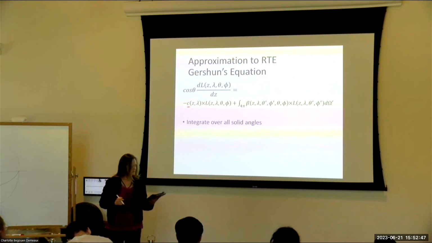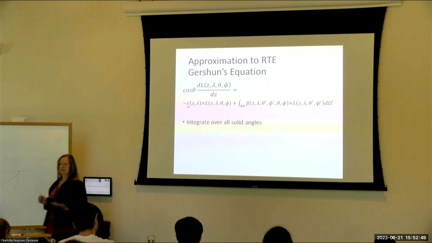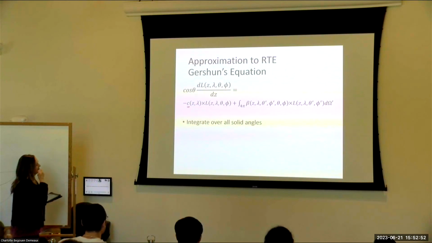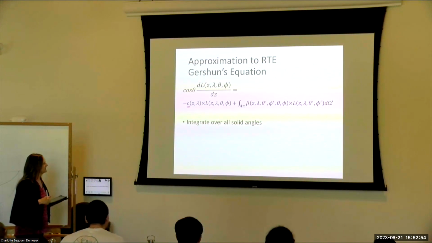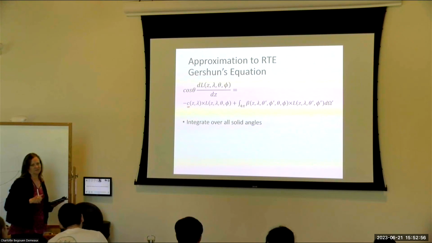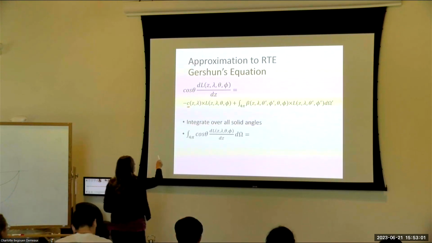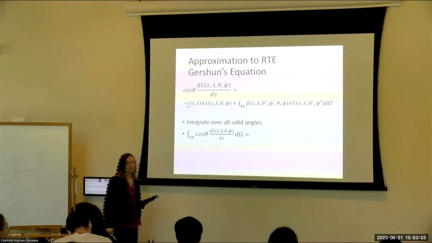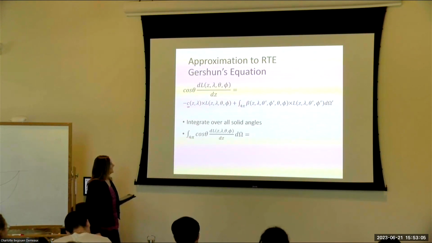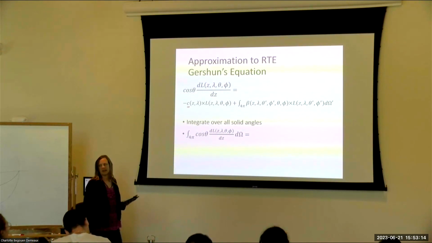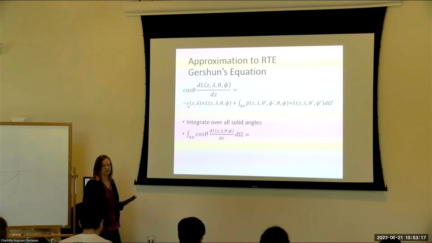All right. So if we integrate each one of these terms over all solid angles, it's going to get us somewhere very cool. So let's integrate this term. Well, I don't remember the last time you guys each had integral calculus, or if you had it. So let's try and just pull out something that looks familiar. I have a radiance and I have a cosine.